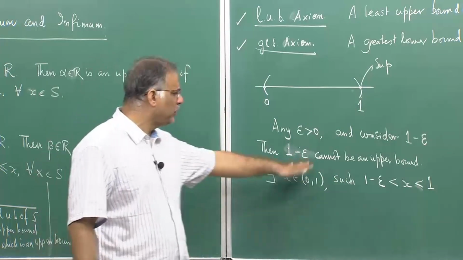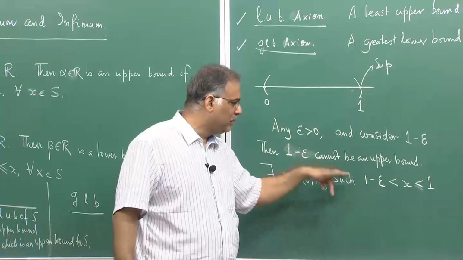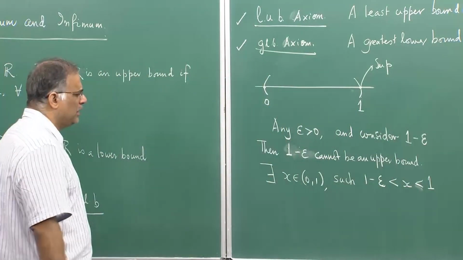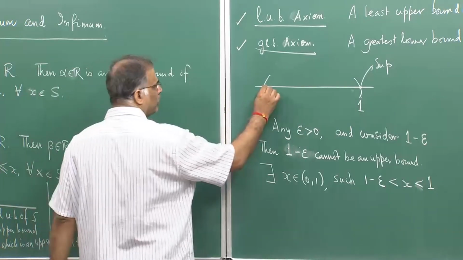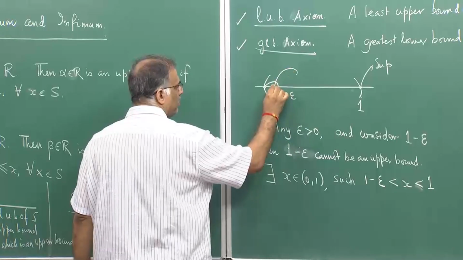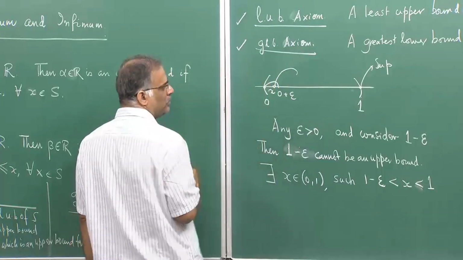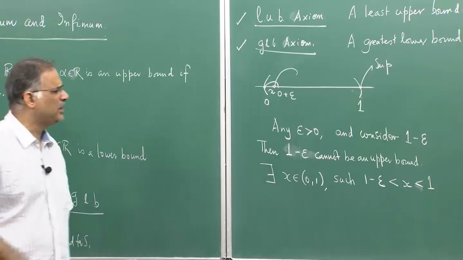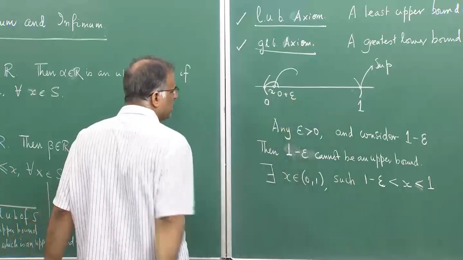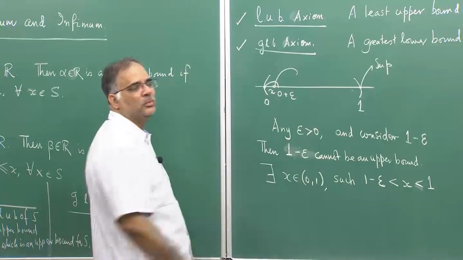Then only you can break the fact, then only 1 becomes the least upper bound or the supremum. Similarly, for 0, if you increase the value of 0 to 0 plus epsilon, there must be some x which is strictly less than 0 plus epsilon, which breaks the fact that this new number 0 plus epsilon cannot be a lower bound.